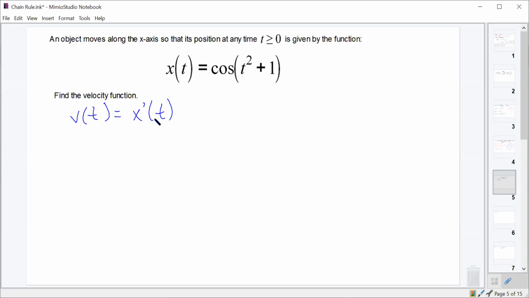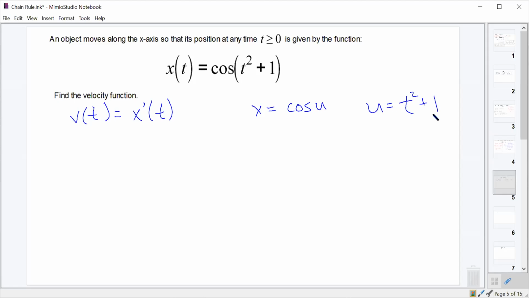And this time our variables are all a little bit off here, so we can't just follow the exact rules, we've got to follow the concept of it. So x of t is equal to the cosine of, we'll say u. And what does u equal? t squared plus 1.